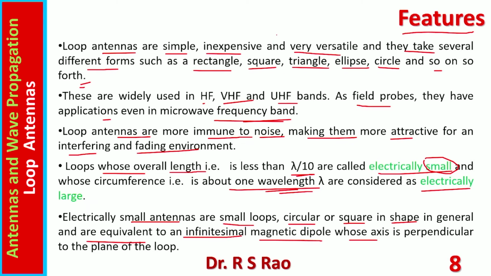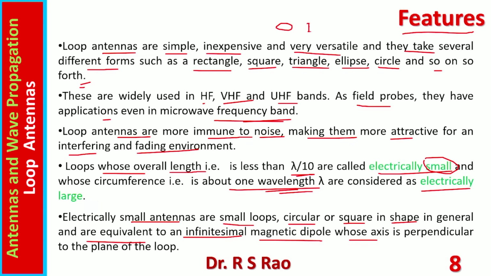Here one point is the small loop. It may be circular in shape or square, it doesn't matter. It is called an infinitesimal magnetic dipole. It is somewhat similar to, or has a complementary relation with, the infinitesimal electric dipole.